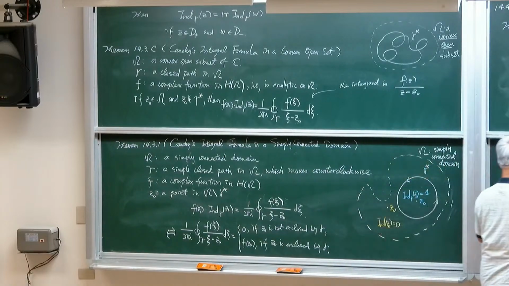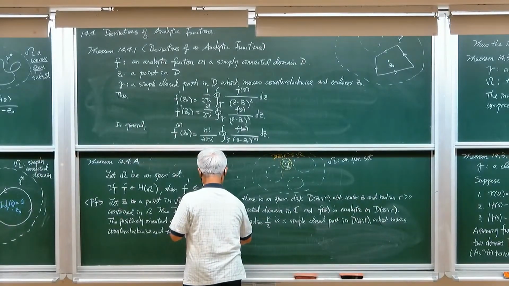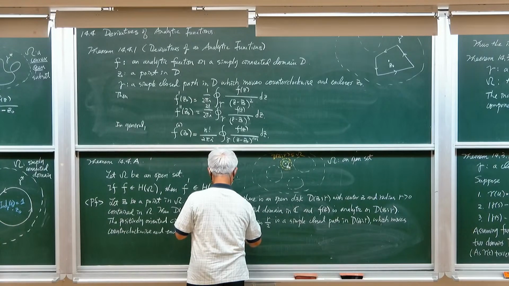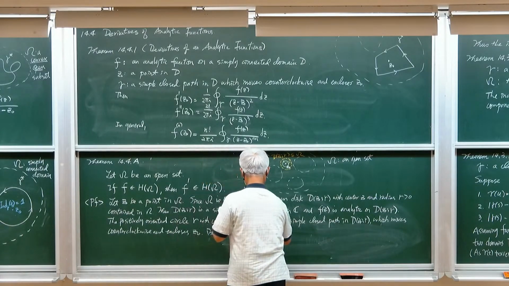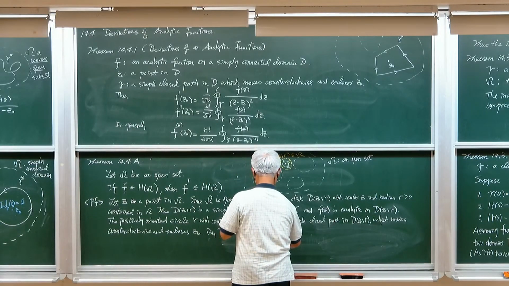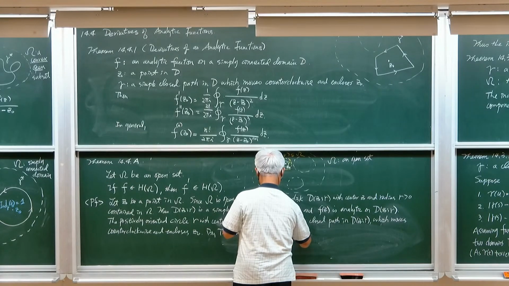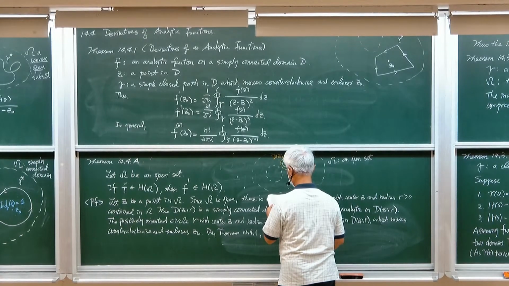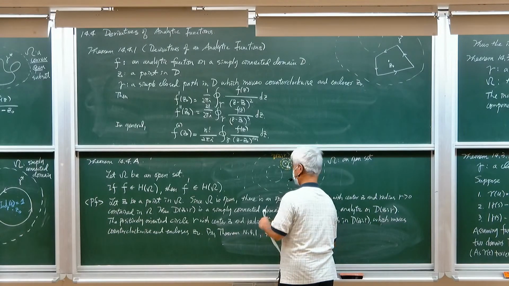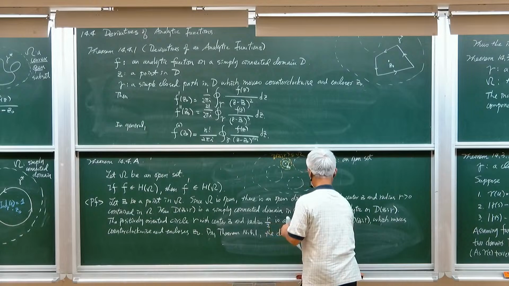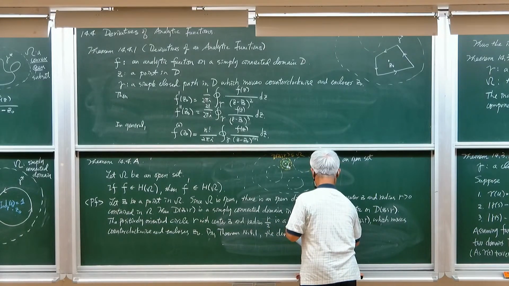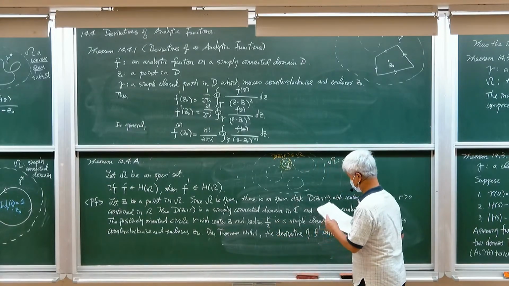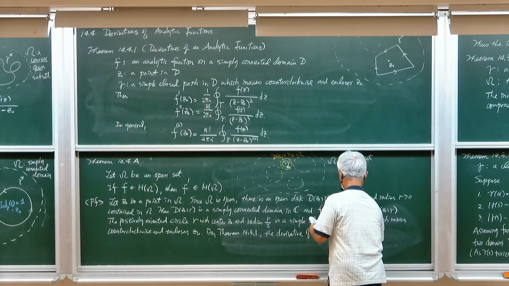Okay. So by theorem 14.4.1, the derivative f prime exists at z0.